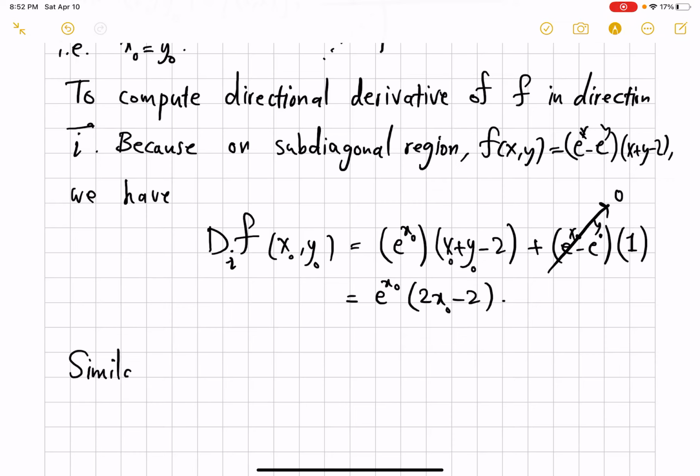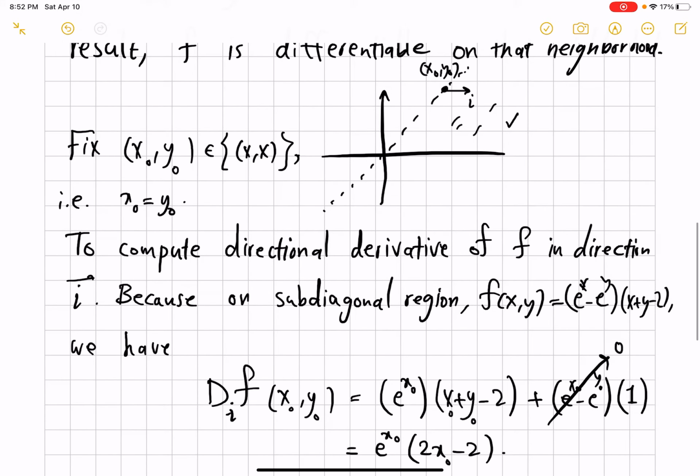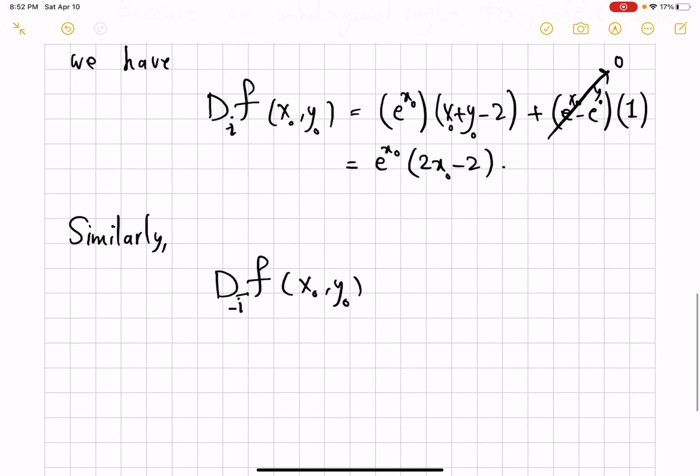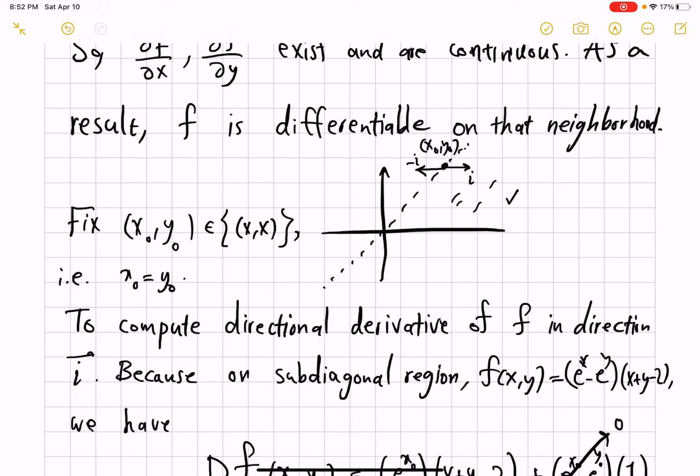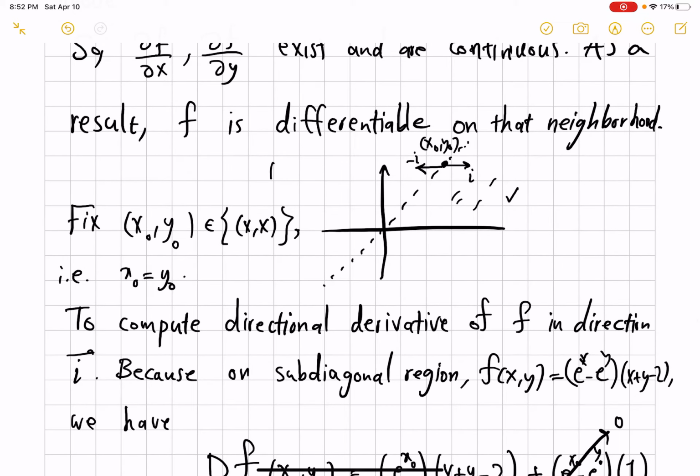Now, similarly, directional derivative of f at x0, y0 in the negative I direction. So here, if I move to the left, then I'm using the negative of the previous formula. So the quantity I want, but we have to be careful because I will be using the formula that is negative e to x minus e to y multiplied by x plus y minus 2.